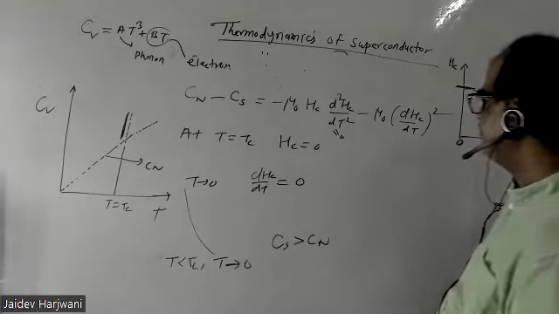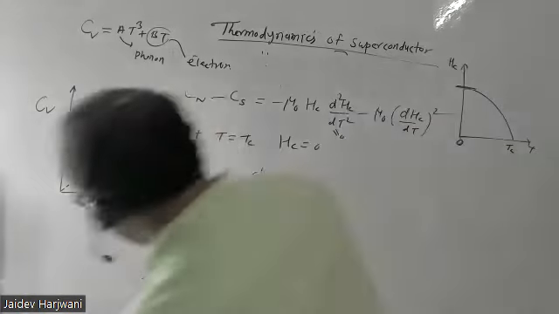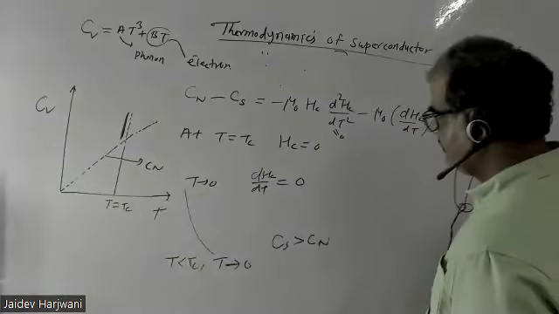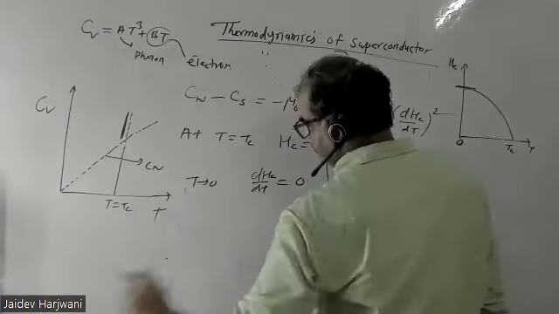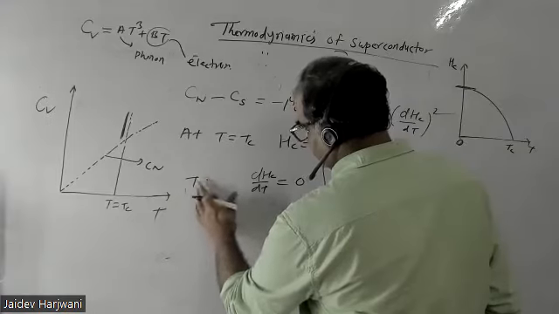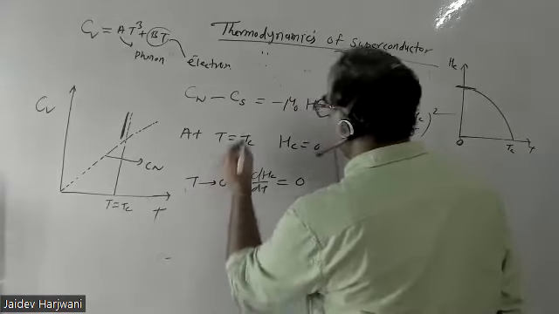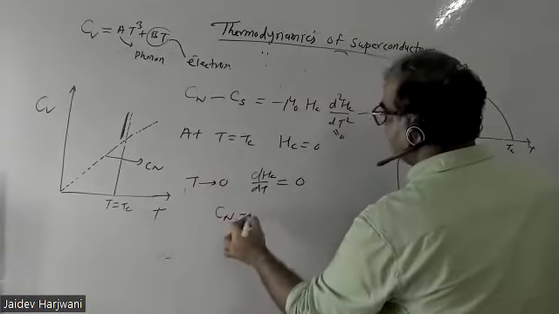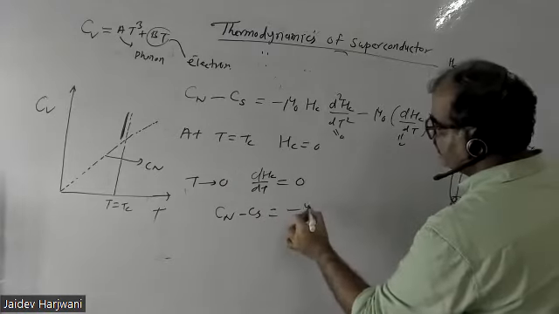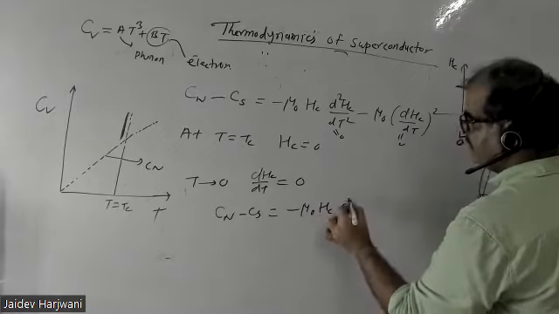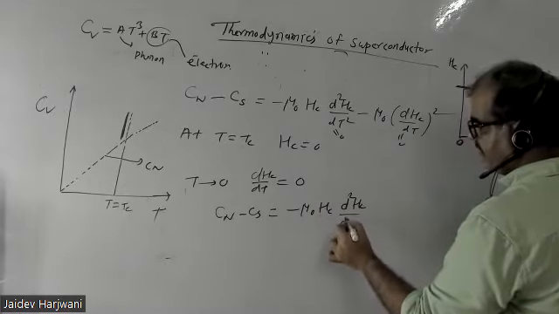Put this value here. So when T tends to 0, you get Cn minus Cs equal to, this term becomes 0, minus mu naught Tc Sc d2Sc/dT square.